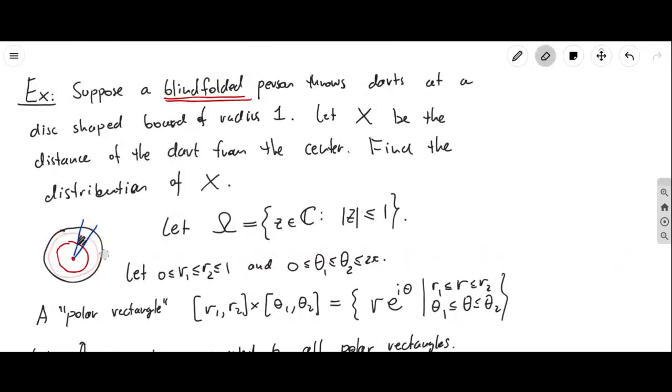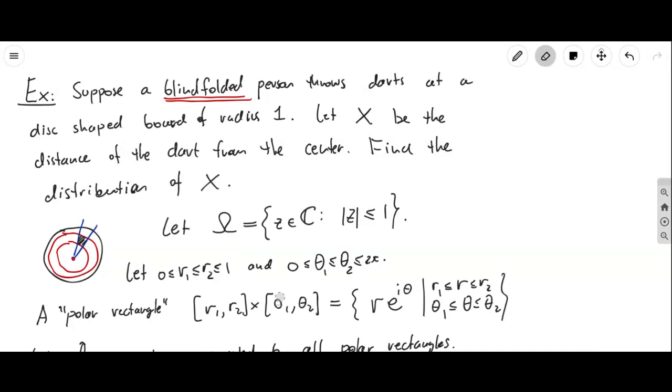Well, if this random experiment is done by someone who's blindfolded, then the only thing that matters is how much area this polar rectangle takes up. It does not matter where exactly it is positioned in the disk, because a blindfolded person has no bias of where the dart goes. So the only thing that will matter is the area of the rectangle. And how would you calculate the area of the rectangle? Well, so how do you do it?